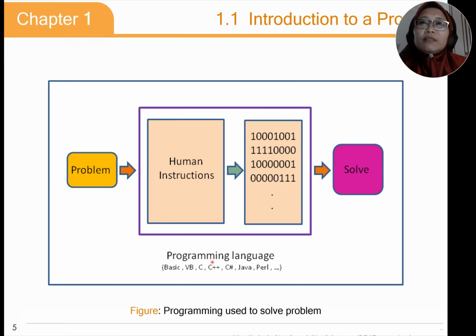The programming languages are BASIC, Visual Basic, C, C++. This is how we can solve a problem: by writing the human instructions, which are then translated into ones and zeros, which is what your computer understands.